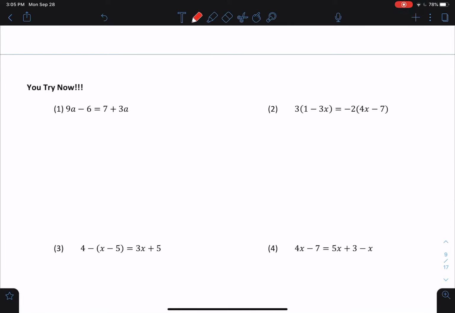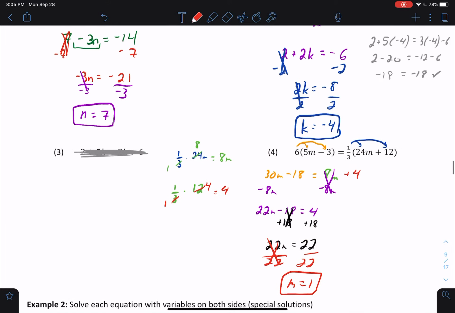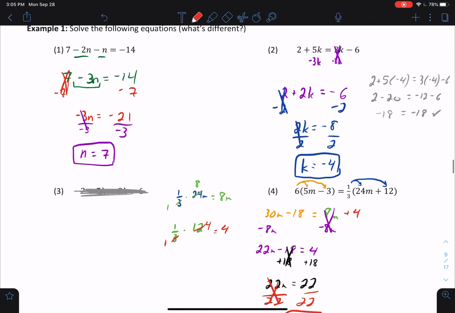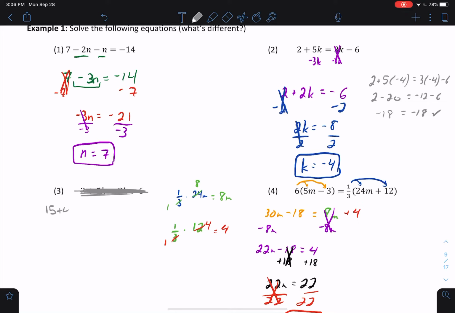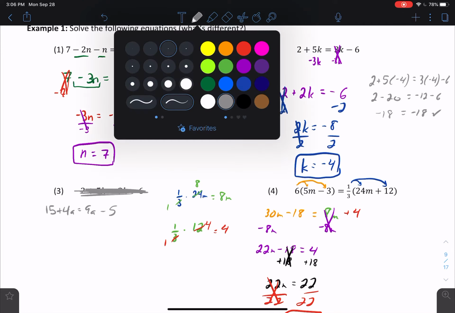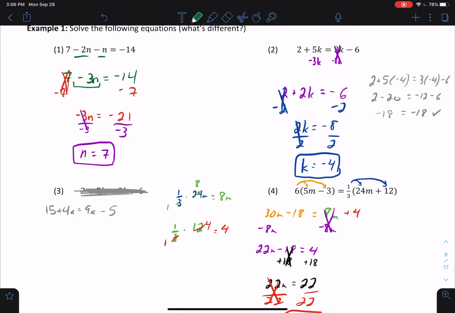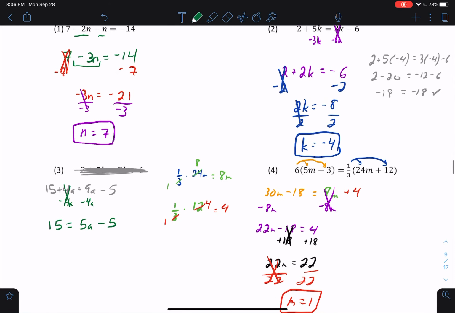Let's see. Let's do 15. Let me make sure it's not anywhere else on this page. 15 plus 4a equals 9a minus 5. All right, so for this, get my a's on one side, my numbers on the other. I'm going to subtract 4a from both sides just so that I can keep the a value positive.